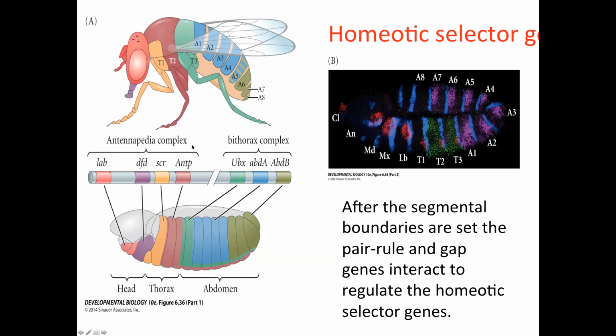So the homeotic clusters are the Antennapedia and the Bithorax complex.